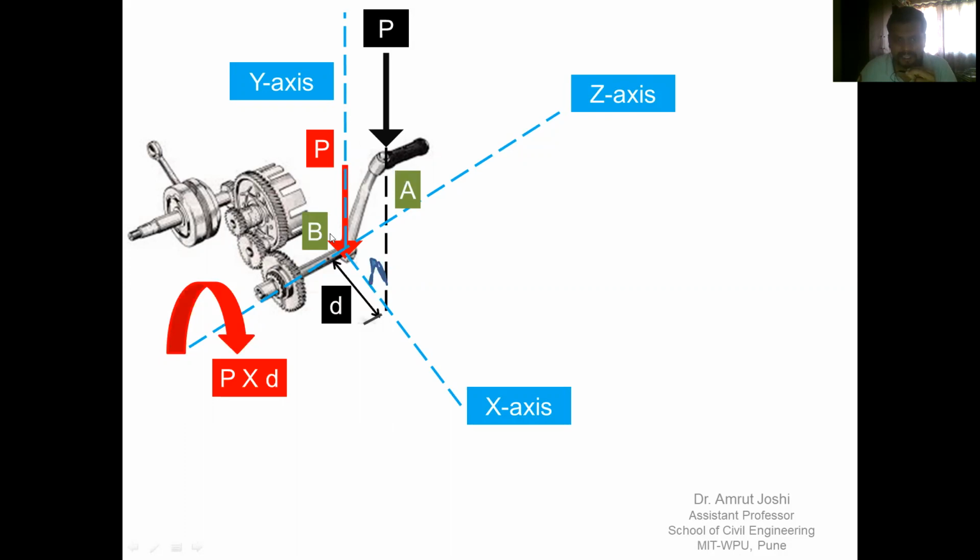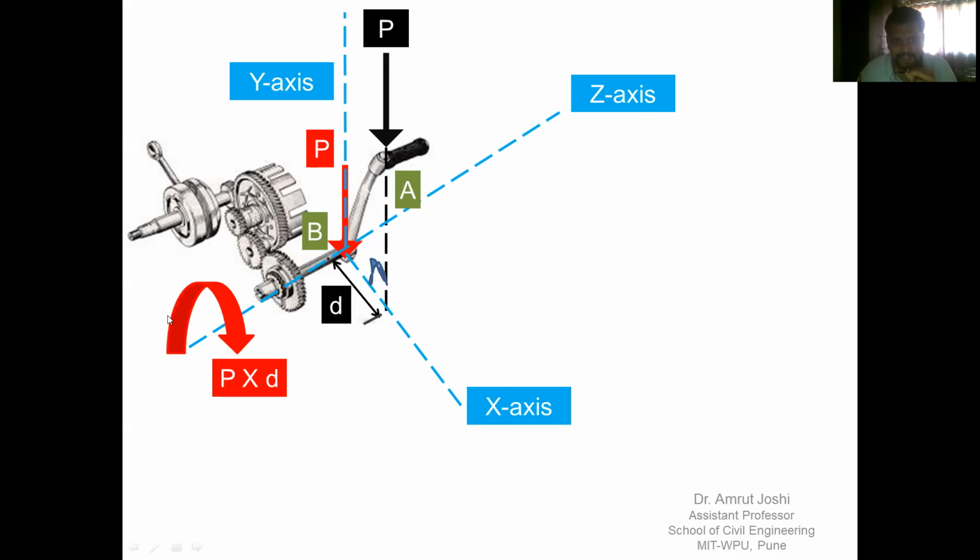Now this rotation is a consequence of something called the moment of a force. And how do we define that moment of a force? So force P is acting at point A. We are looking at its effect at point B. So from point B, I draw a perpendicular on the line of action of force P, and that perpendicular distance is d.